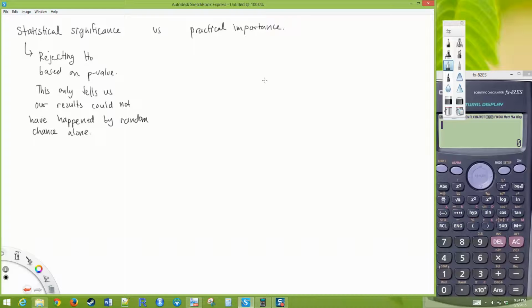Maybe on the side of practical importance, somebody can say, I'm interested in implementing this new thing, but only if it saves me at least $1,000 a year or something like that. Okay, and so whoever the expert in the field is, or the decision maker, says they're willing to implement change if it's going to save $1,000 a year or something.